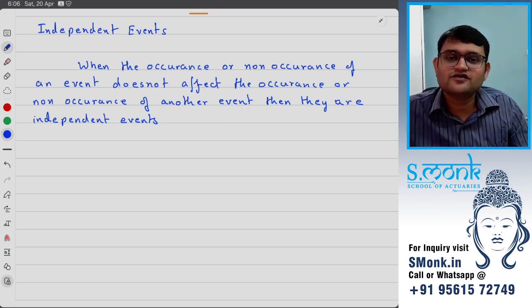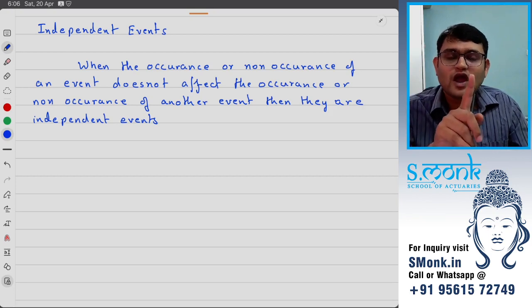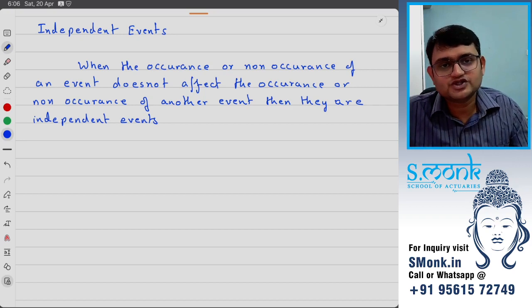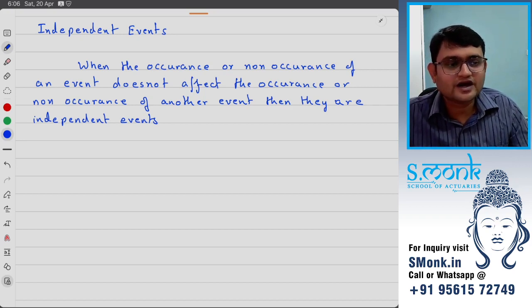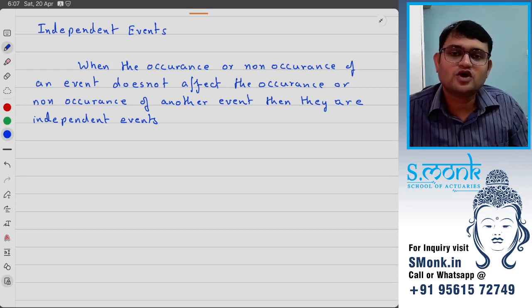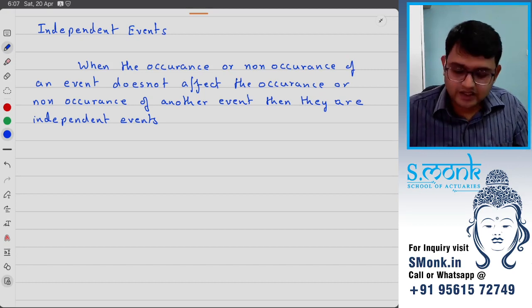In such a case, I will say my eating mango and rainfall are independent of each other. Right? That makes sense? If the occurrence or non-occurrence of one event does not affect the occurrence or non-occurrence of the second event, then they would be called independent events.